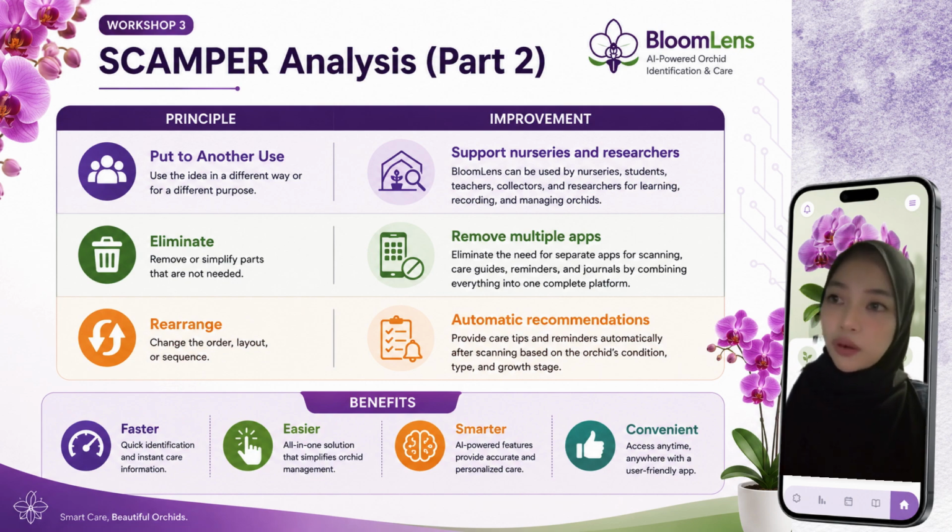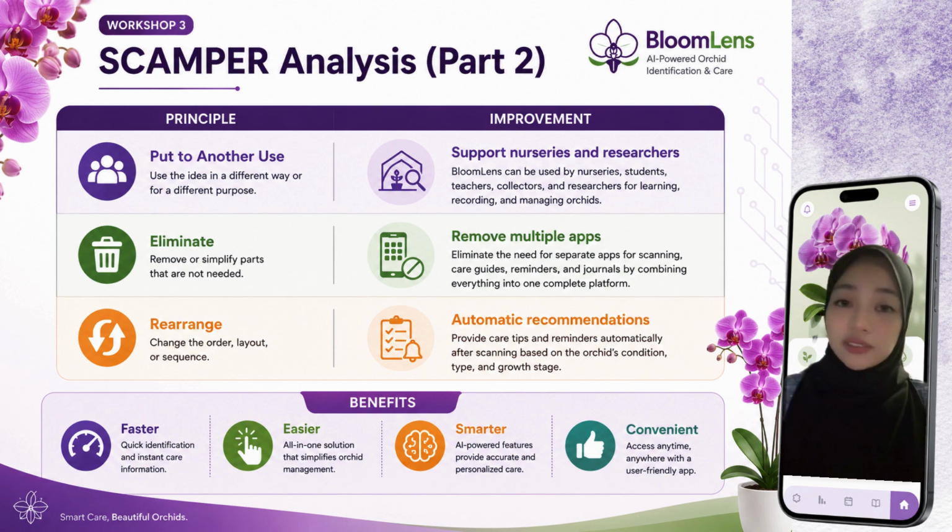For the principle eliminate, we can say goodbye to Google Lens scanning, Google search, manual note-taking, and reminder apps because Bloomlens is a one-stop solution for orchid care. The outcome is less complication than using multiple platforms, making the user's life easier and more productive.